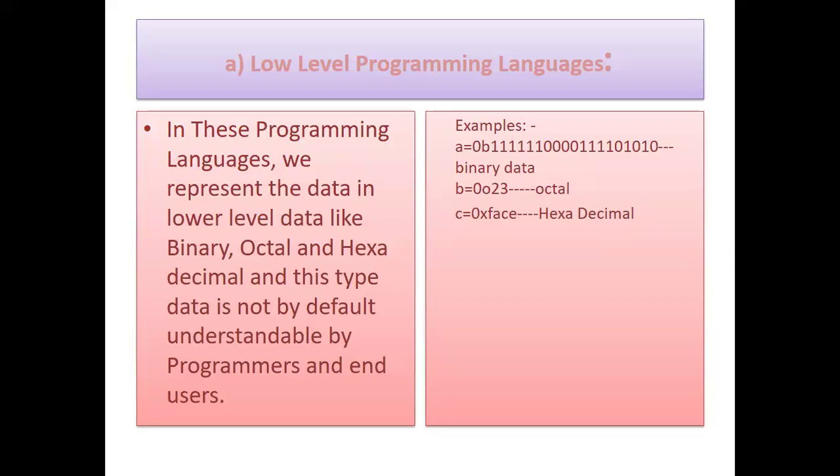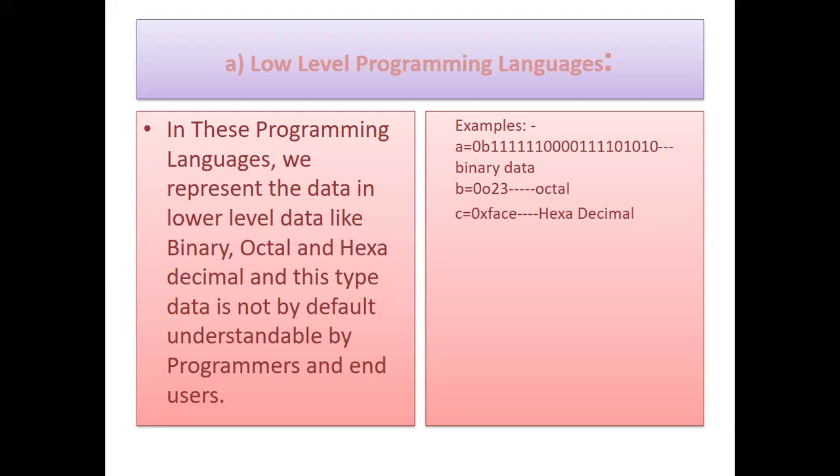Let me show you. If I'm saving any file in binary format, octal format or hexadecimal, we have 4 number systems: decimal, binary, octal, and hexadecimal. The decimal number system is understandable by everyone, even the programmer and the end user. But binary, octal, and hexadecimal number systems are not understandable by the programmers or the end user.